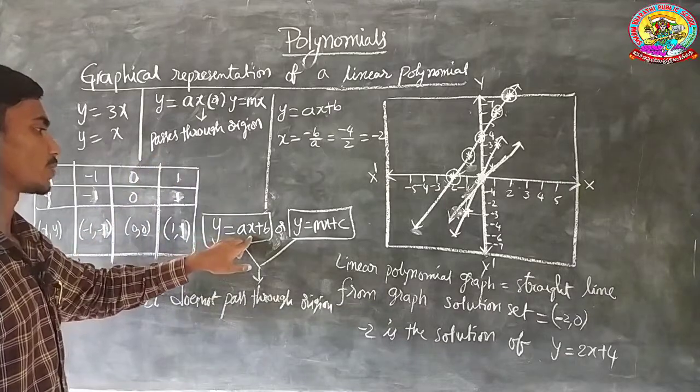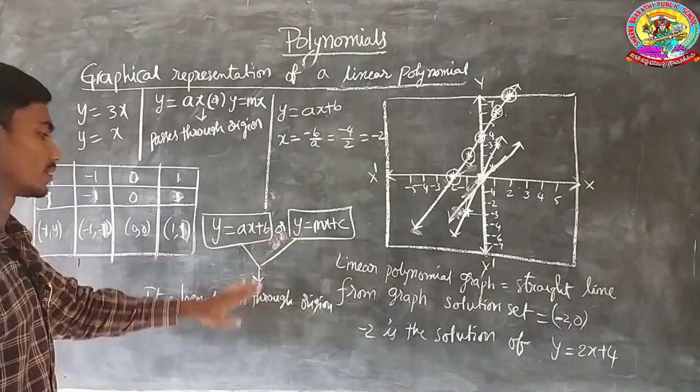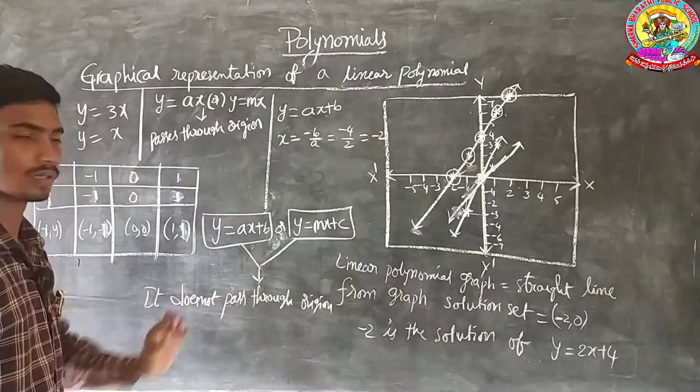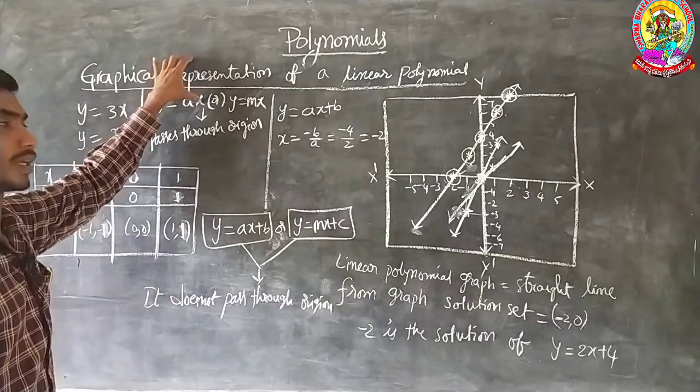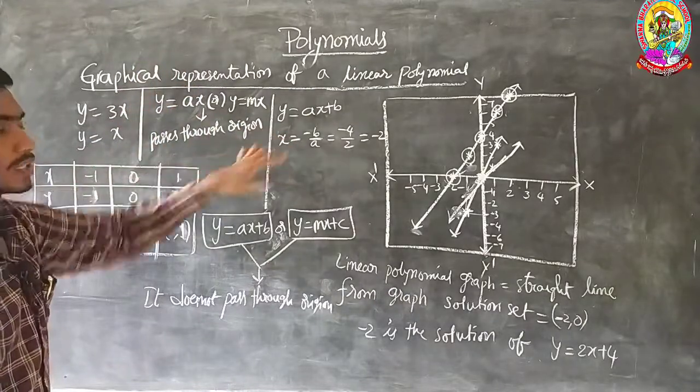Y is equal to ax plus b or y is equal to mx plus c, the graph does not pass through the origin. So this is the data about linear polynomial in a graphic view and an algebraic view.